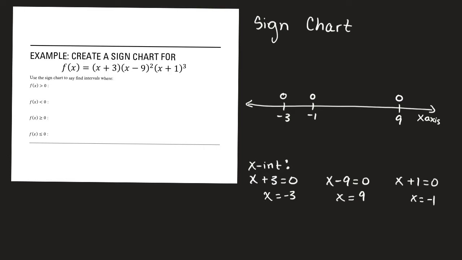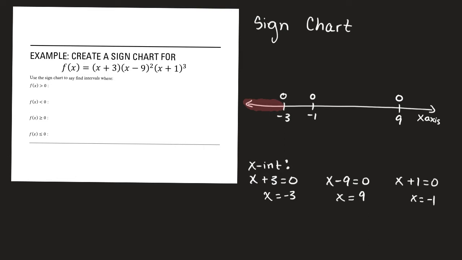So now what I want to do is to figure out, well, what about in between or around these values? I'm going to use what's called a test point in the interval that is being broken up by these x-intercepts. So the first interval that I'm going to explore is the interval from -infinity to -3. In this interval, I can use any number as a test point of the function.